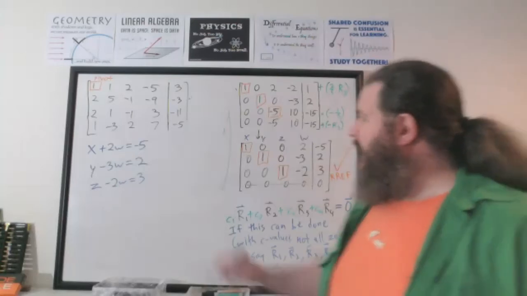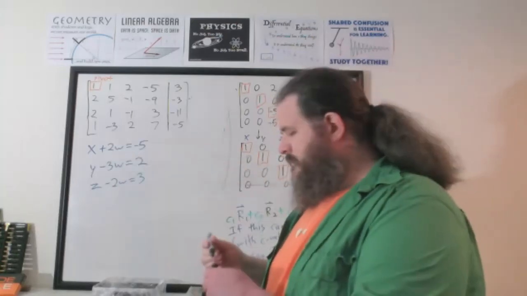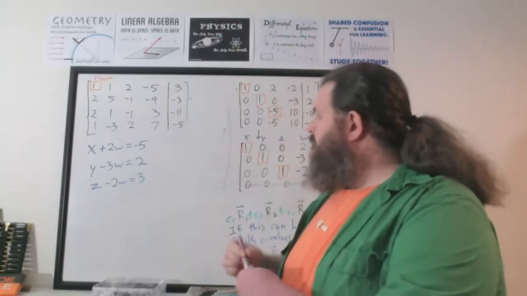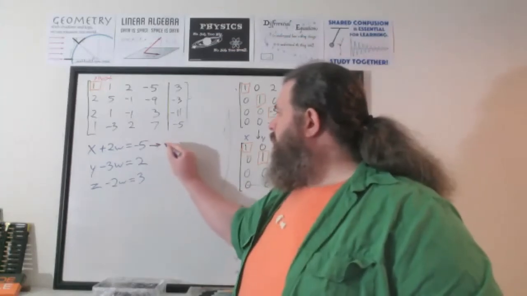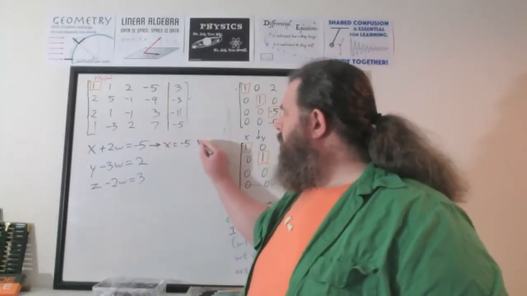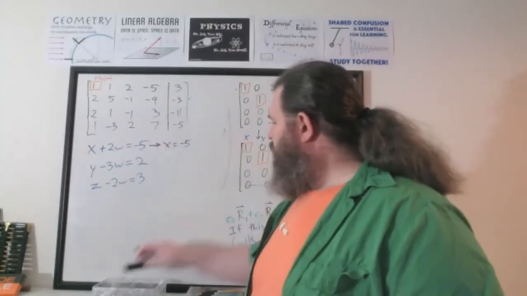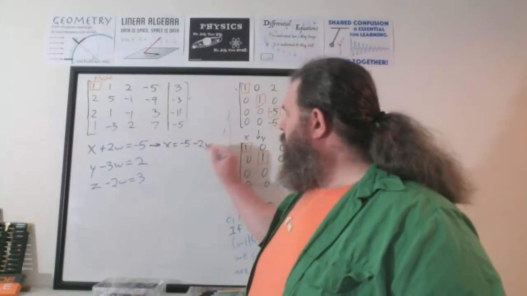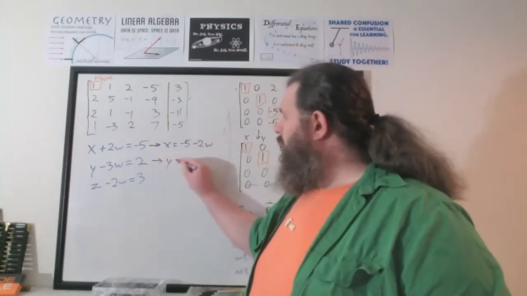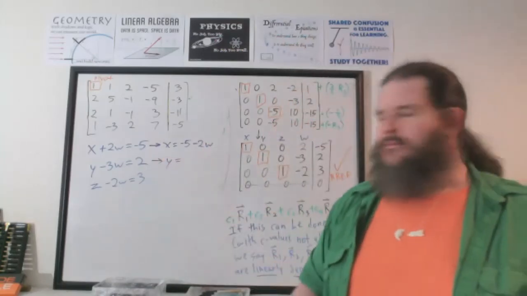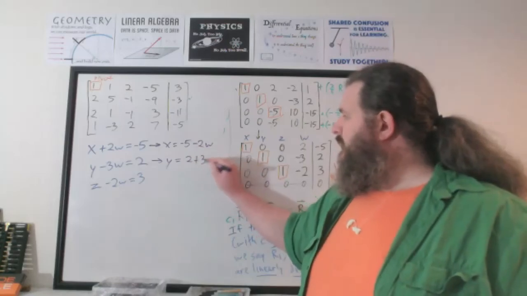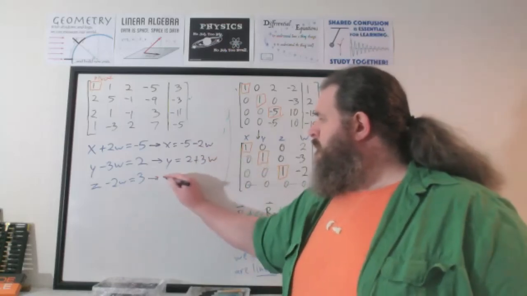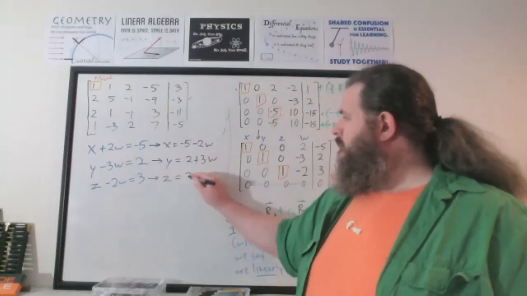So if you isolate x here, what would you get? x equals -5 minus 2w. And y would equal what? 2 plus 3w. And z? z equals 3 plus 2w.